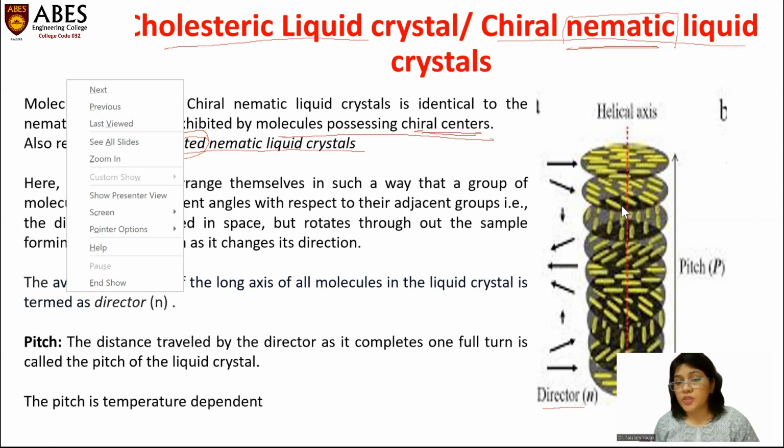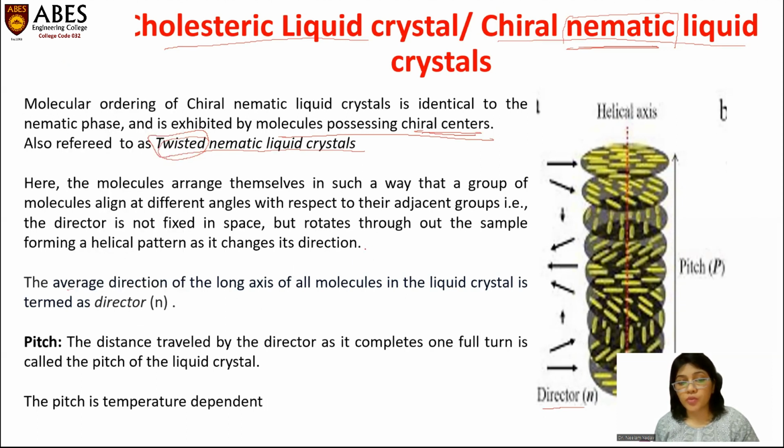One more term included in the cholesteric liquid crystal is pitch. What is pitch? The pitch is the distance over which the direction of the long axis of the molecules gets rotated by 360 degrees.